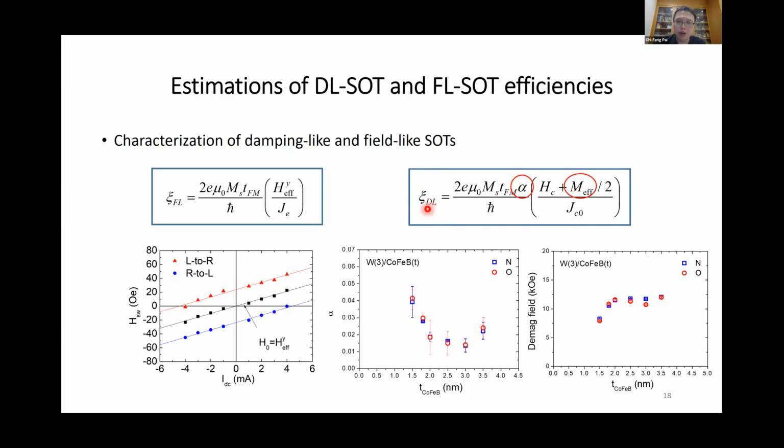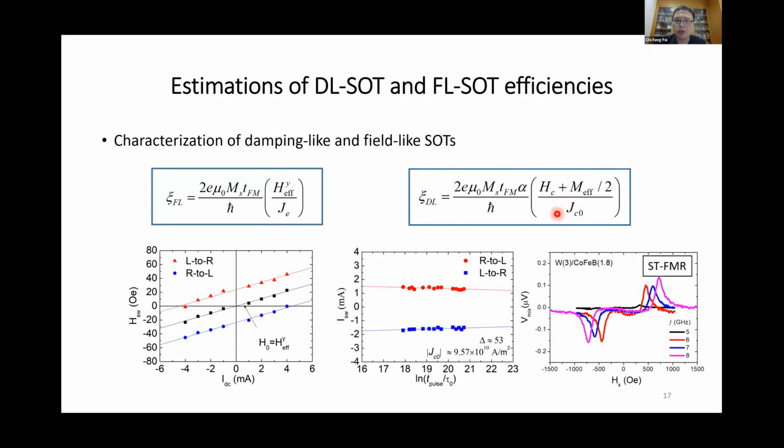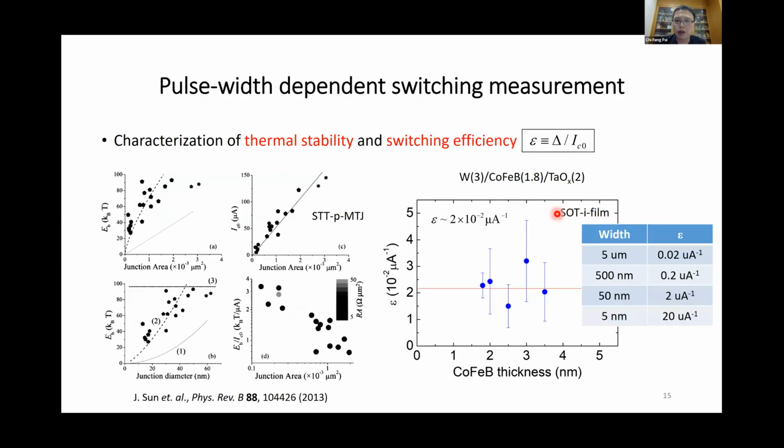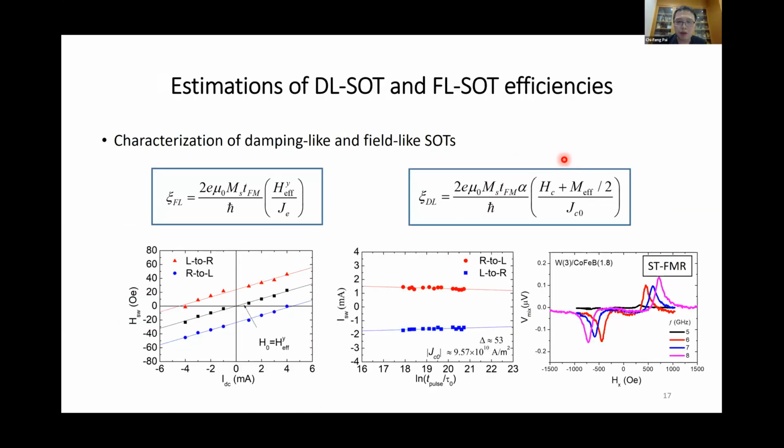So the bottom line here is that if all you care about, for instance at ITRI, is only the switching current density, or switching current, and also the thermal stability, then you don't have to do the extra spin torque FMR measurement. But if you're interested in extracting this value, you have to do some extra work. So that's the trade-off.